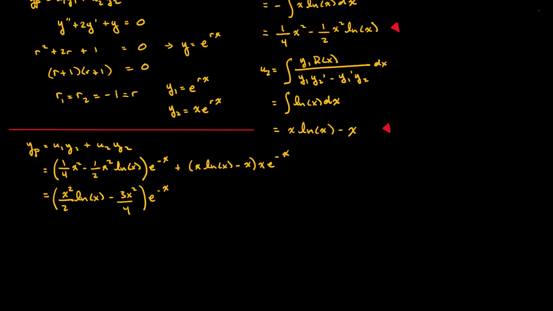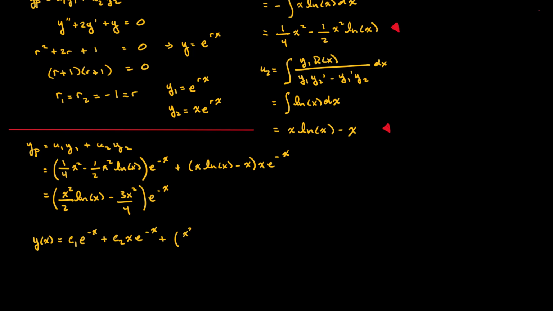So putting everything together, we have our general solution, y of x, that will be equal to c1y1 plus c2y2. That's the associated complementary solution. So c1 multiplied by y1, e to the negative x, plus c2 multiplied by y2, which is x e to the negative x, plus the particular solution, which we just found above here.